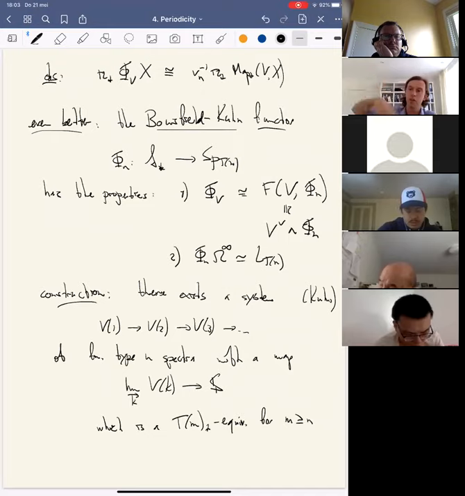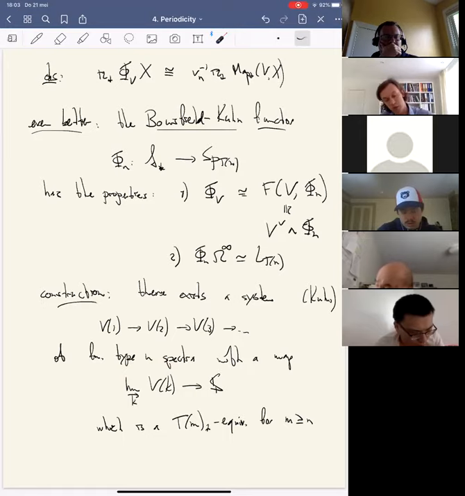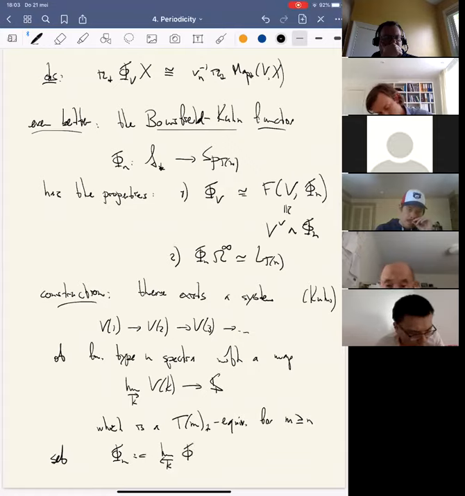So for the nth telescope and all the higher ones, you can't see the difference between this colimit of type n spectra and the sphere spectrum. For the lower ones, of course, you do see a difference because this has no Ti homology for i less than n. And with this system in hand, you set phi n to be the inverse limit over the phi V_k.